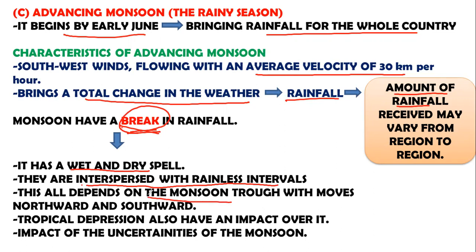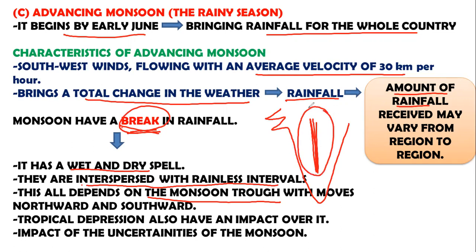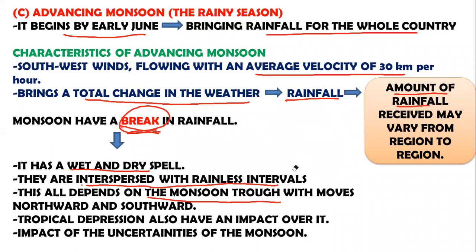This all depends on the monsoon trough, which moves northward and southward. These winds are pulsating, so they keep on moving towards north or south, and this movement is what causes the break in monsoon. Tropical depressions also have an impact on it.